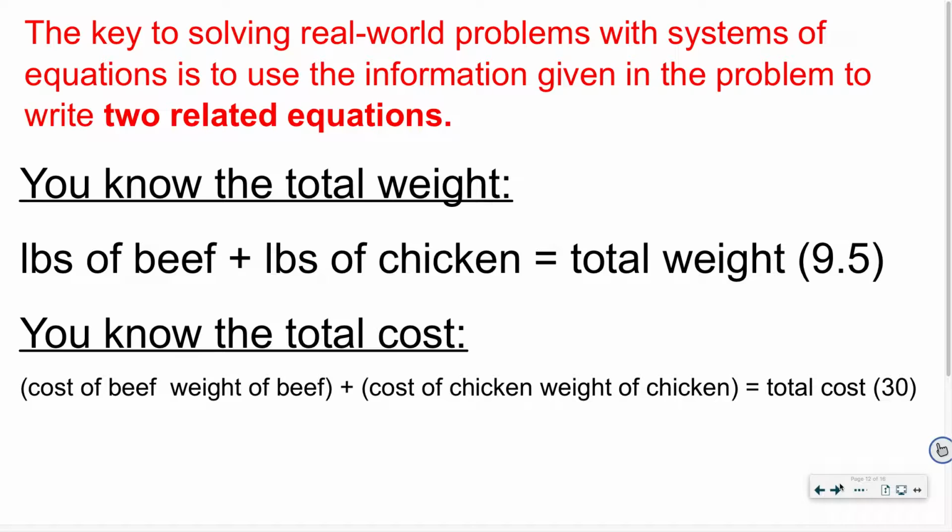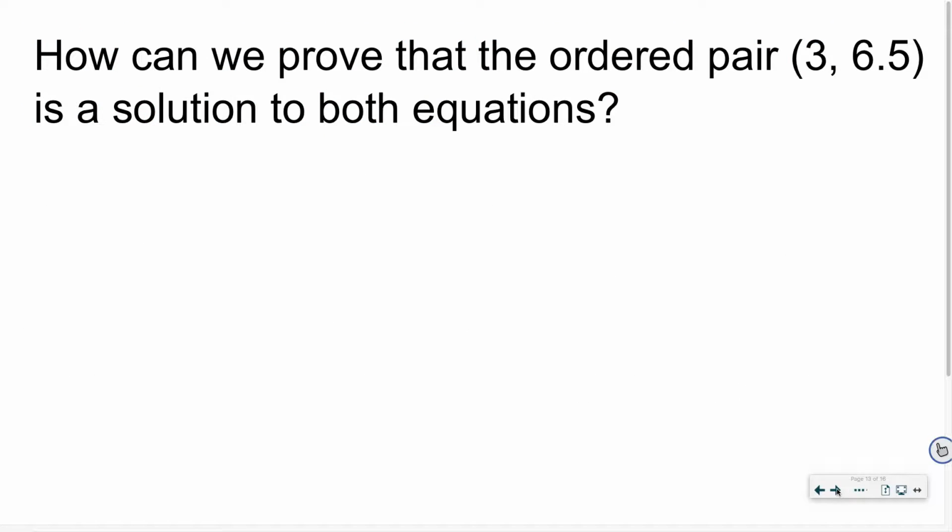You won't always see one of the equations representing cost. When you get to your independent practice, one of the situations doesn't involve cost. But you're still identifying what 2 big pieces of information I can write an equation about, and how I can solve from there. How would we prove that beef was in fact 3 pounds and chicken was 6.5?